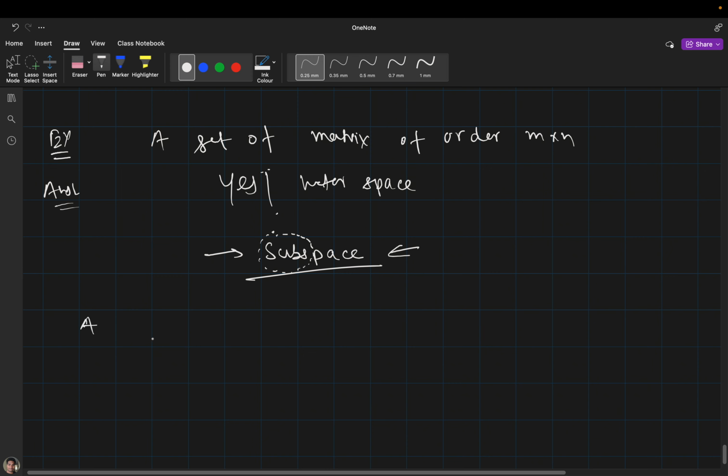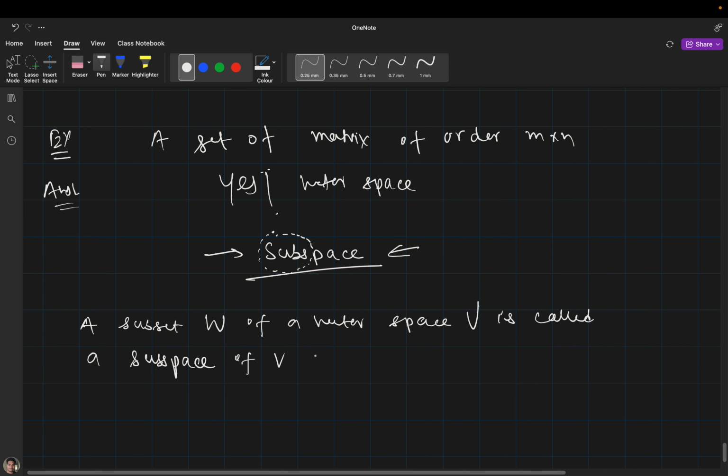A subset W, it's not Wronskian, W of a vector space V is called a subspace of V if W itself is a vector space.